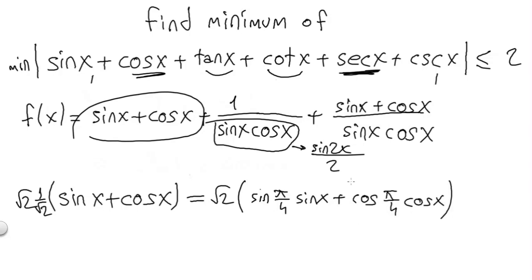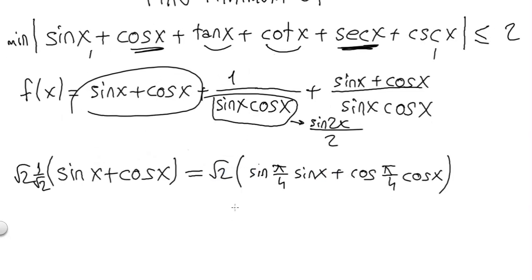And like I said, you can swap this cosine pi over 4 and sine pi over 4. It won't matter, except of course you will get a bit different answer, because if you look at it like this, this is the cosine subtract formula. So this is just cosine pi over 4 minus x.